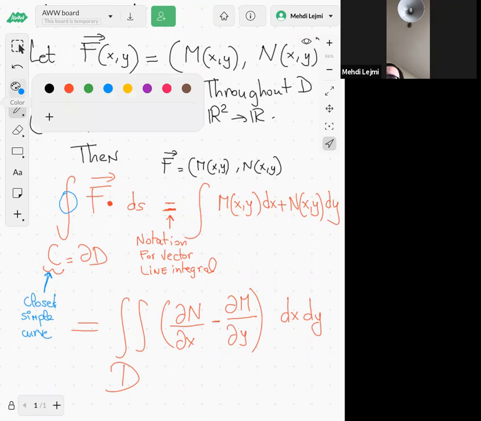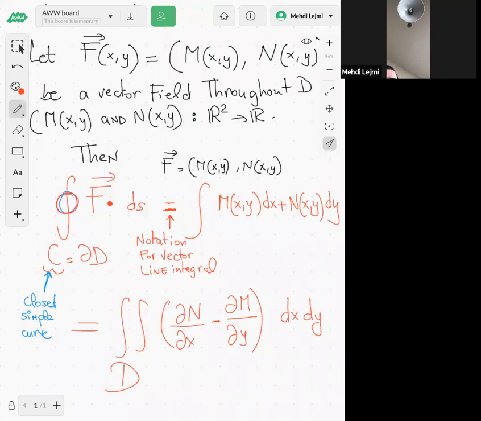This circle indicates that the integral is taken along a closed curve.